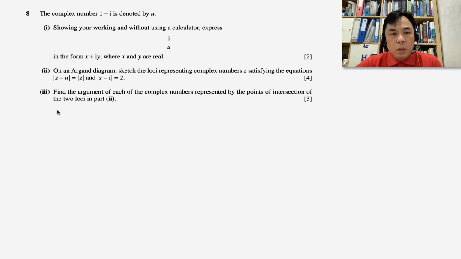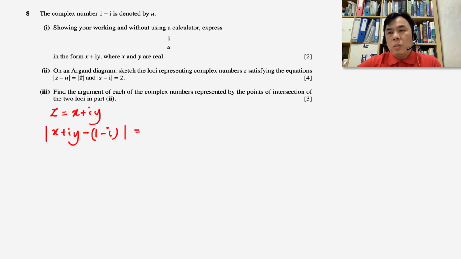Take for instance, we can represent z as x plus iy here. And then we substitute this into the complex equation, which is x plus iy minus u. And then we know that u is represented by 1 minus i here, is equal to the magnitude of z.